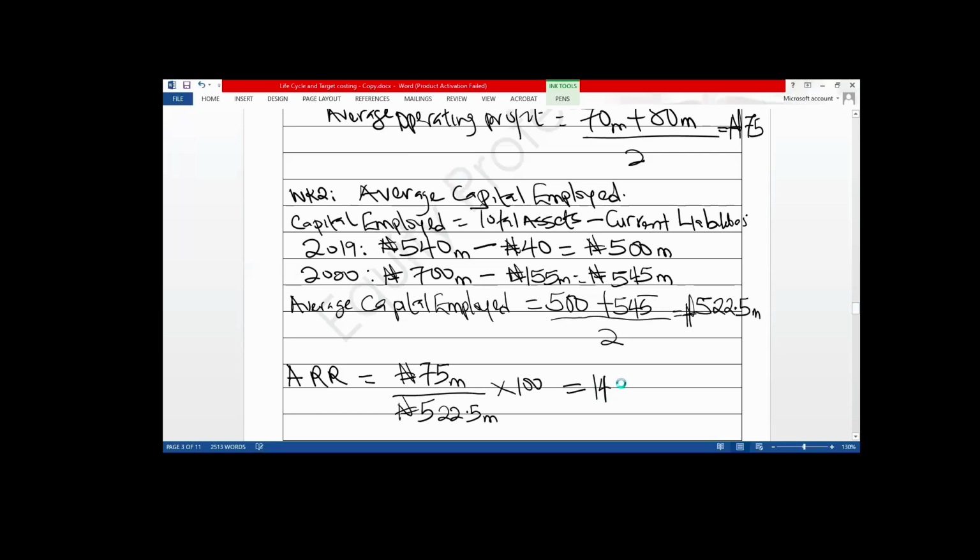Average capital employed is 422.5. Please recheck your figure. No, sir, it's 522.5. Okay, that is 545. Sorry. So your average rate of return is 14.25.